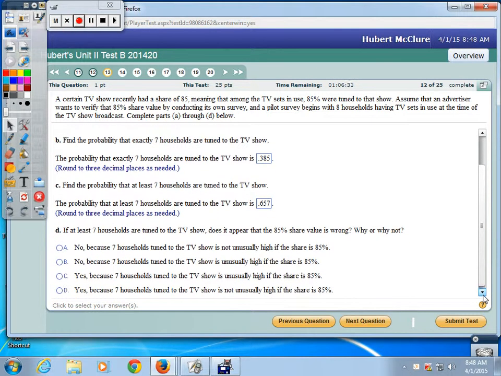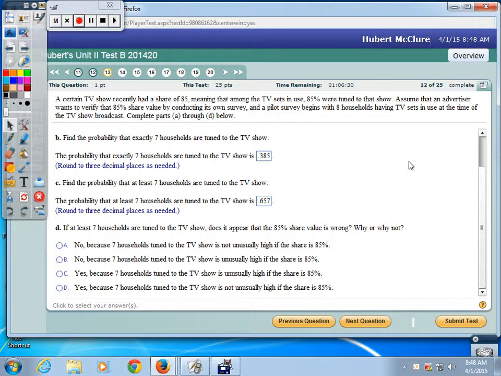Okay, this is the question that if you get wrong, I probably won't hold it against you. I'll probably just give you the points because of the way they word it. If at least 7 households are tuned to the TV show, does it appear the 85% share value is wrong? What would you say?